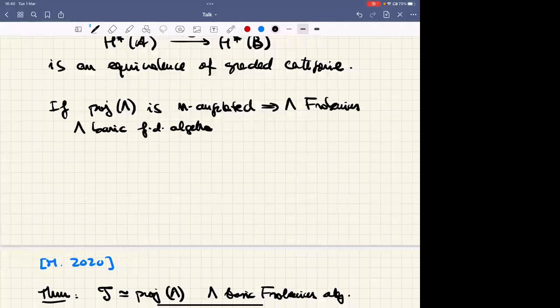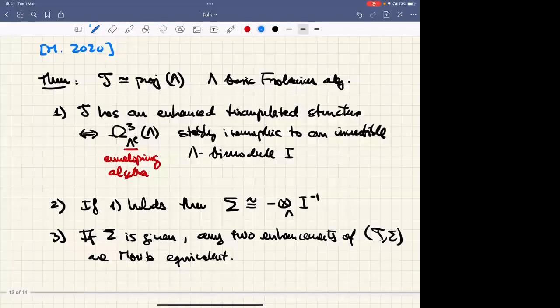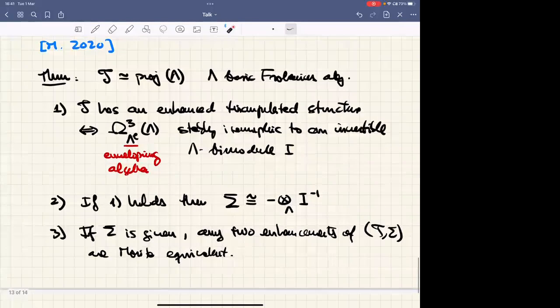This is due to Geiss-Keller-Oppermann extending the previous result I mentioned by Freud. So we're not making any strong hypothesis if we already start with a basic Frobenius algebra.